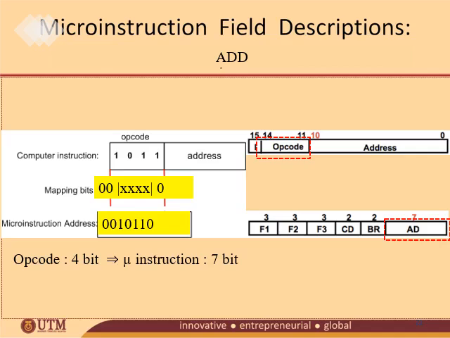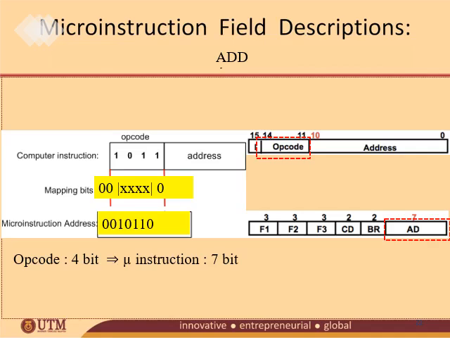Lastly, we look at the address field. The address field contains the branch address, meaning if there is a branching, where should we go? Remember our routines, we have different micro instruction routines. At the end of those routines, it will tell you where to go.